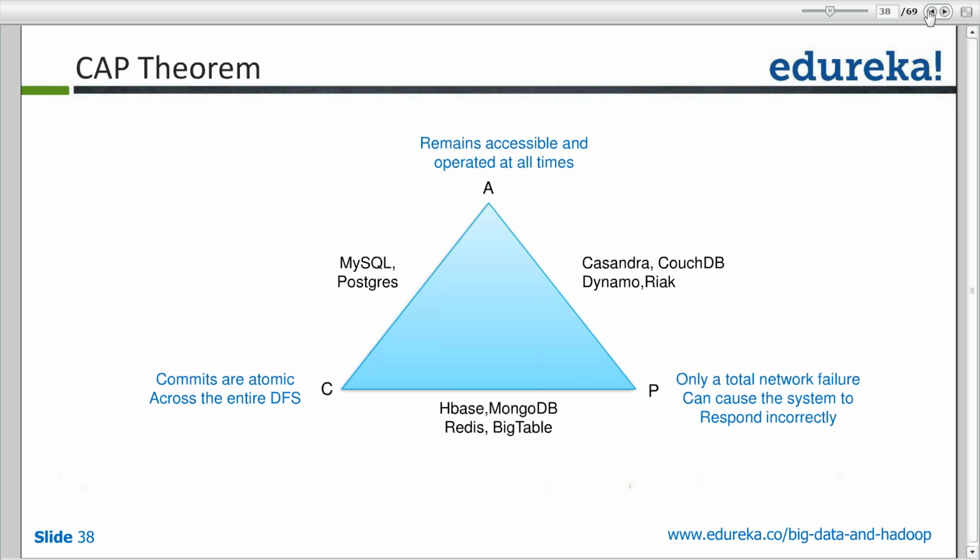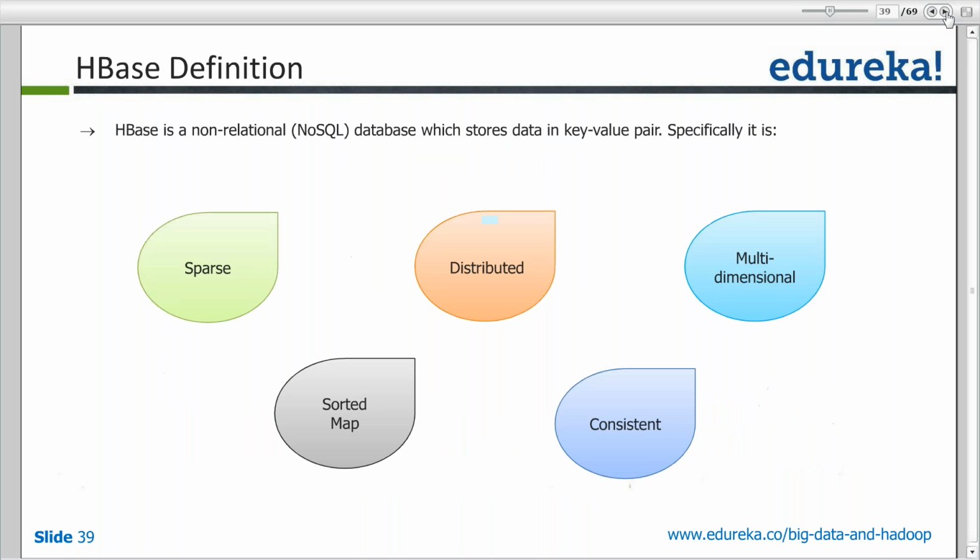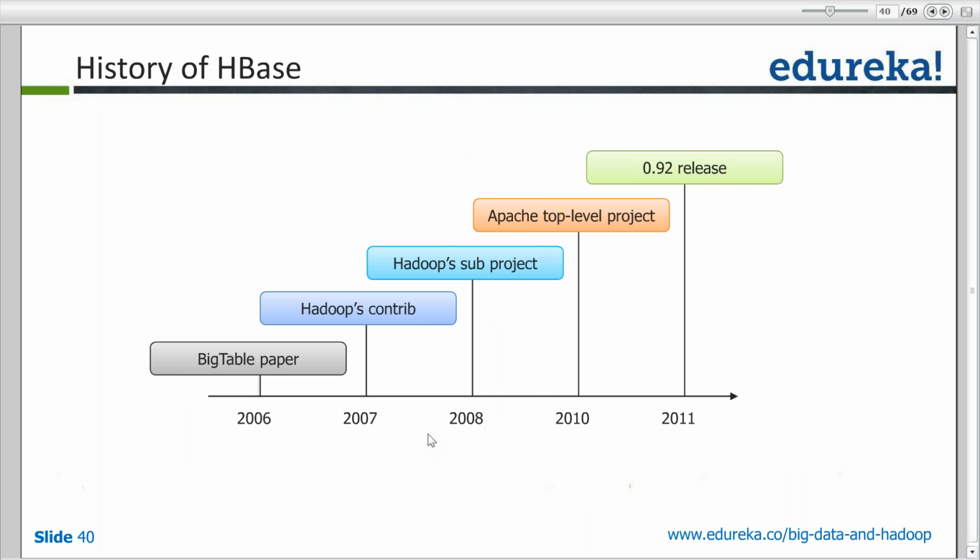Initially, Bigtable was just a concept, because I cannot have a single hash map broken into multiple chunks and stored across machines.